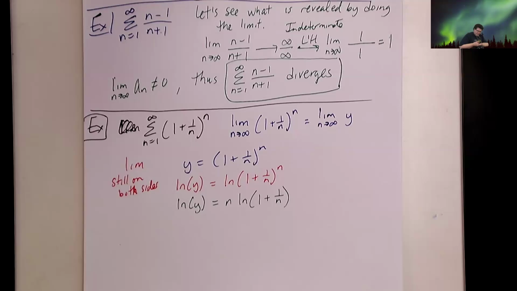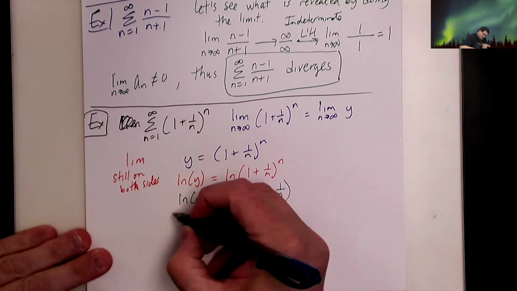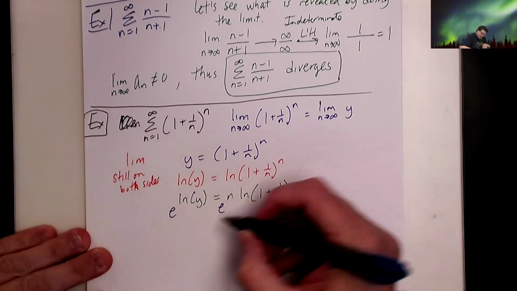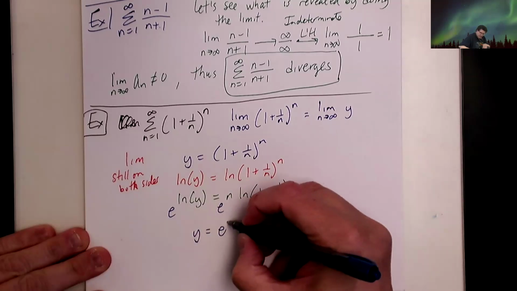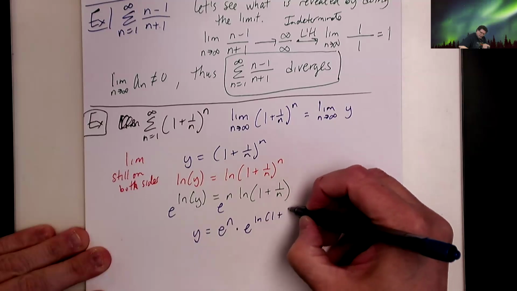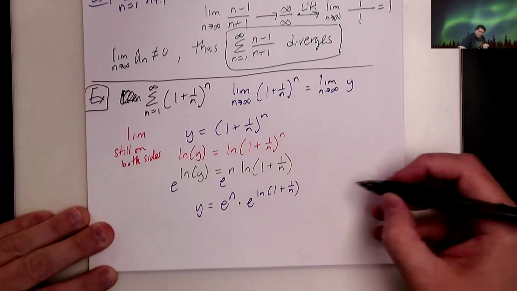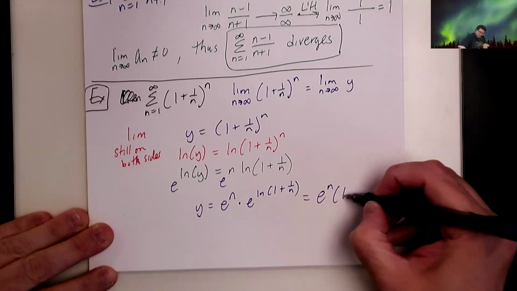They don't really want the derivative here. You're so used to doing derivatives with this. If we raise both sides back to the power of e, we get y equals e to the n times ln of 1 plus 1 over n, which is just e to the n times 1 plus 1 over n.